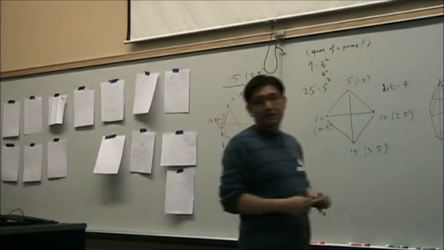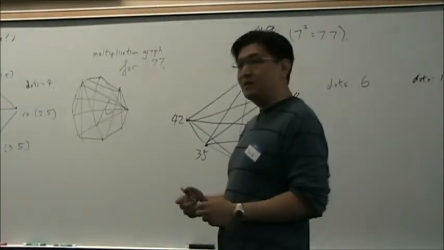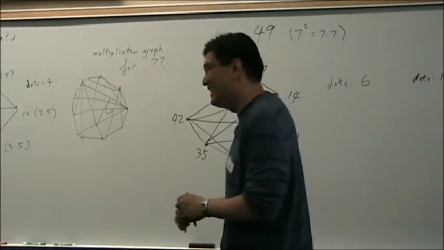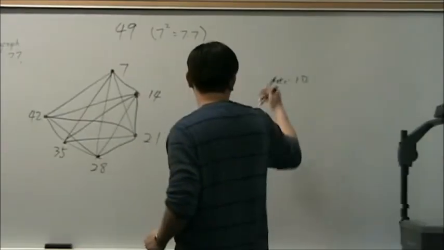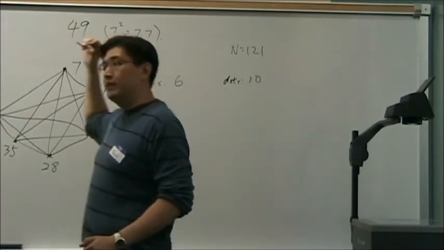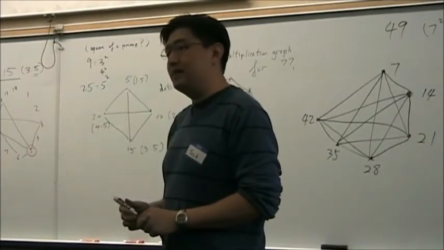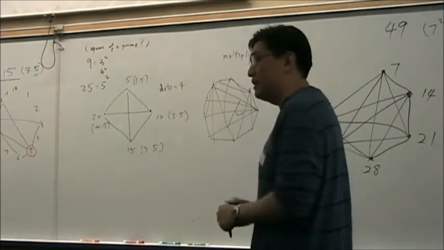So I see the right answer on many different pieces of paper now. So what's p squared? Can someone now call out an answer? 121. Right, so the answer is indeed 121. So 121 is 11 squared, and 11 squared ends up connecting 10 dots to 10 other dots.